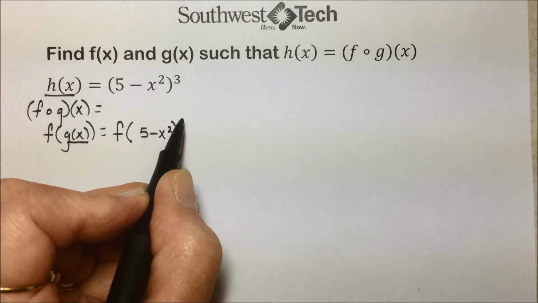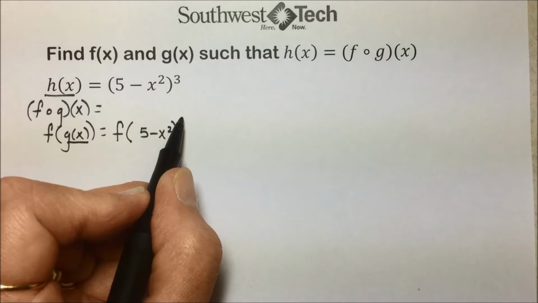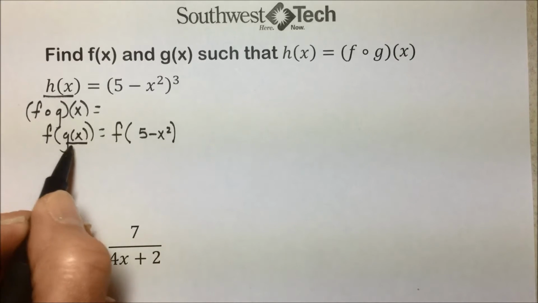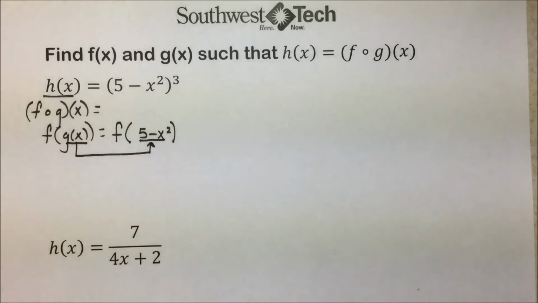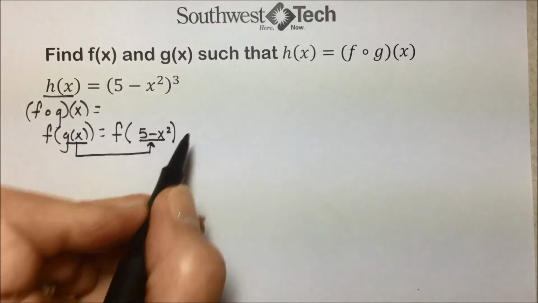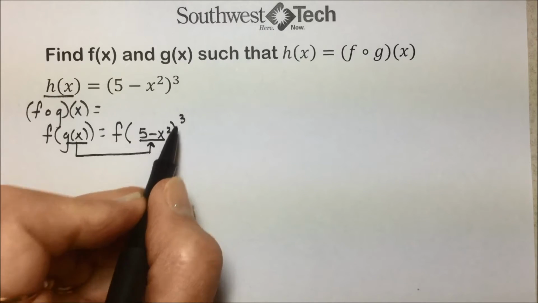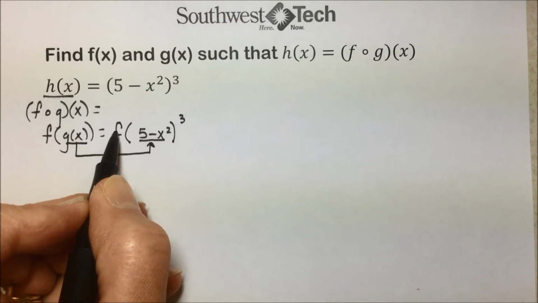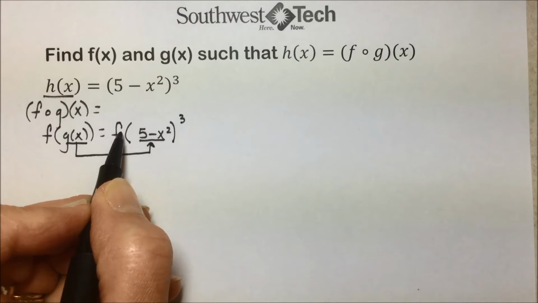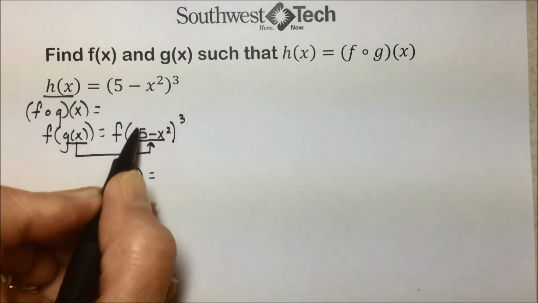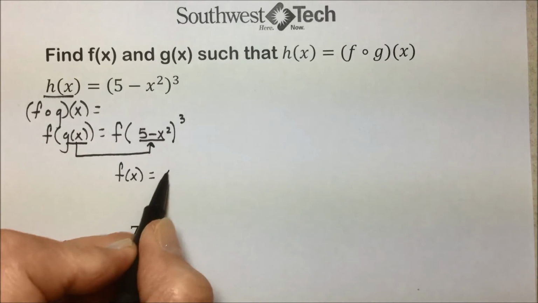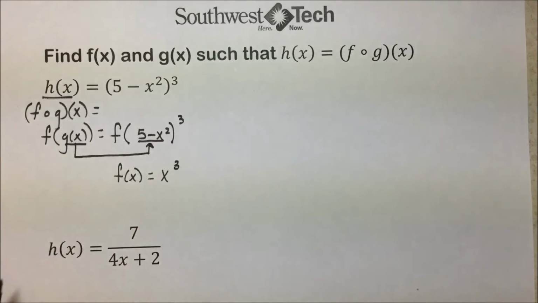And then that quantity is being squared, so g of x just got replaced with this. And furthermore, it needs to be raised to the third power, so our function f of x must be taking whatever the variable is and cubing it.